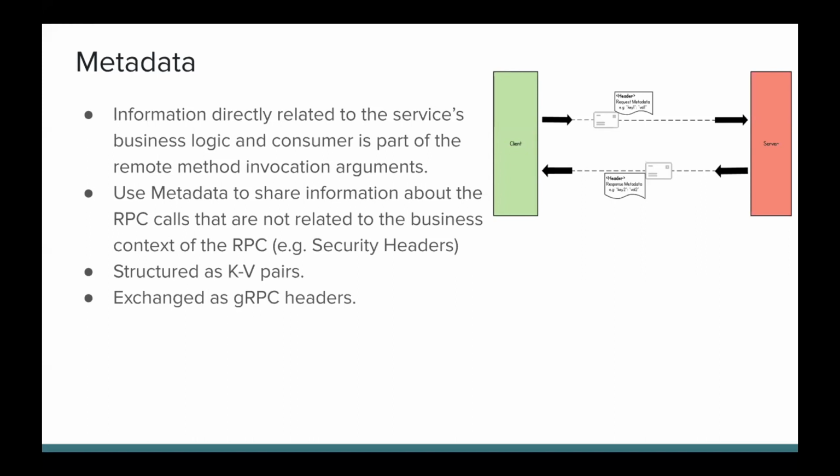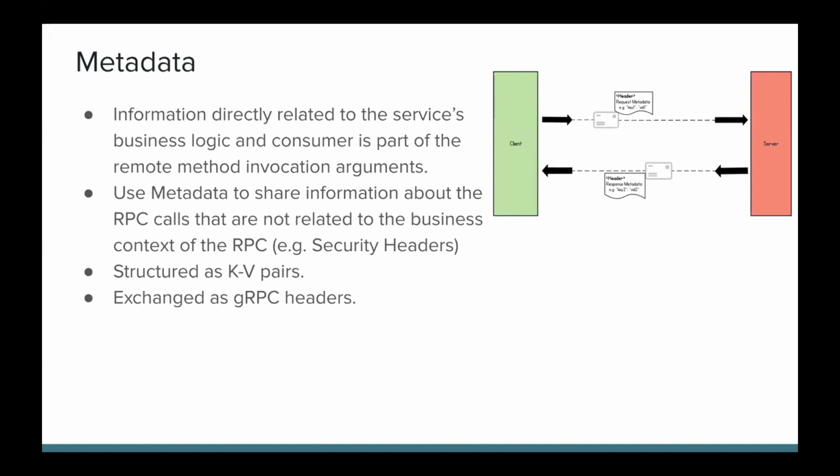Usually if it is part of the business logic, it is always recommended to use RPC methods, because at the end of the day, the business contract is defined in your service definition, right? So it's always good to send business data as part of the regular RPC calls. But if you want to send some generic or commodity data, which is not part of your business logic, that's where you can use metadata.